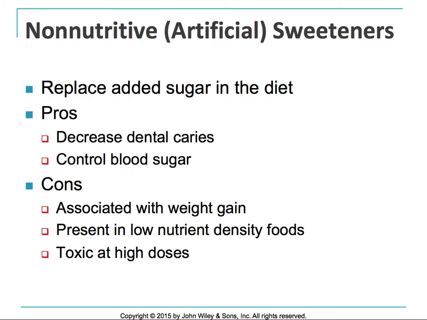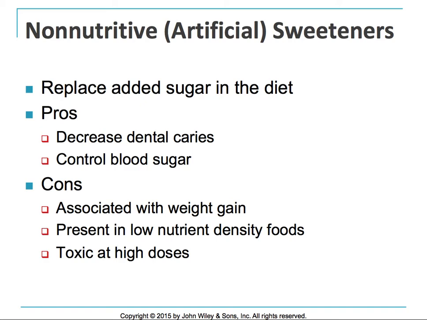Non-nutritive artificial sweeteners replace added sugar in the diet. The pros are that they do decrease dental caries and they control blood sugar. However, artificial sweeteners have been associated with weight gain, are present in low nutrient dense foods, and are toxic at high doses.